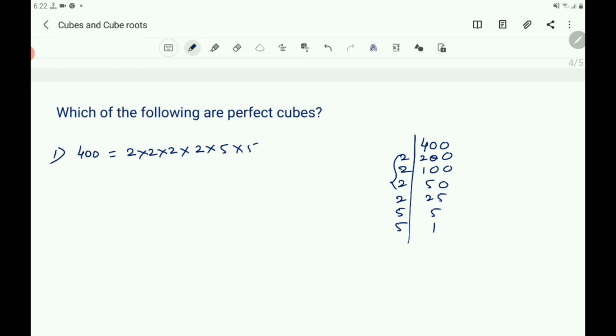Here you got one group of 2, but there are no triplets for the remaining 2s, and also no triplets for this 5. Therefore 2 and 5 remain without becoming triplets. So you can conclude that 400 is not a perfect cube.